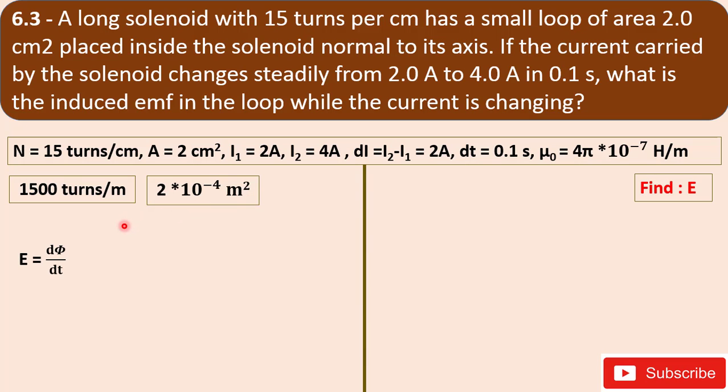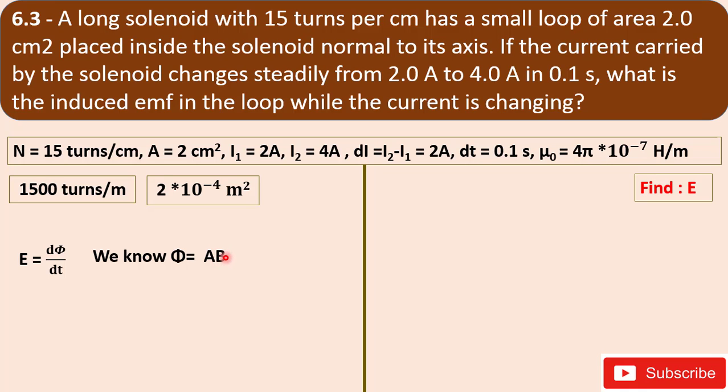So E equal to d phi by dt, and we know the flux phi is equal to A into B, or you can say B into A, where A is the area of the loop and B is the magnetic field. Now tell me, on which parameters does this magnetic field depend? There are basically three parameters on which this magnetic field depends.